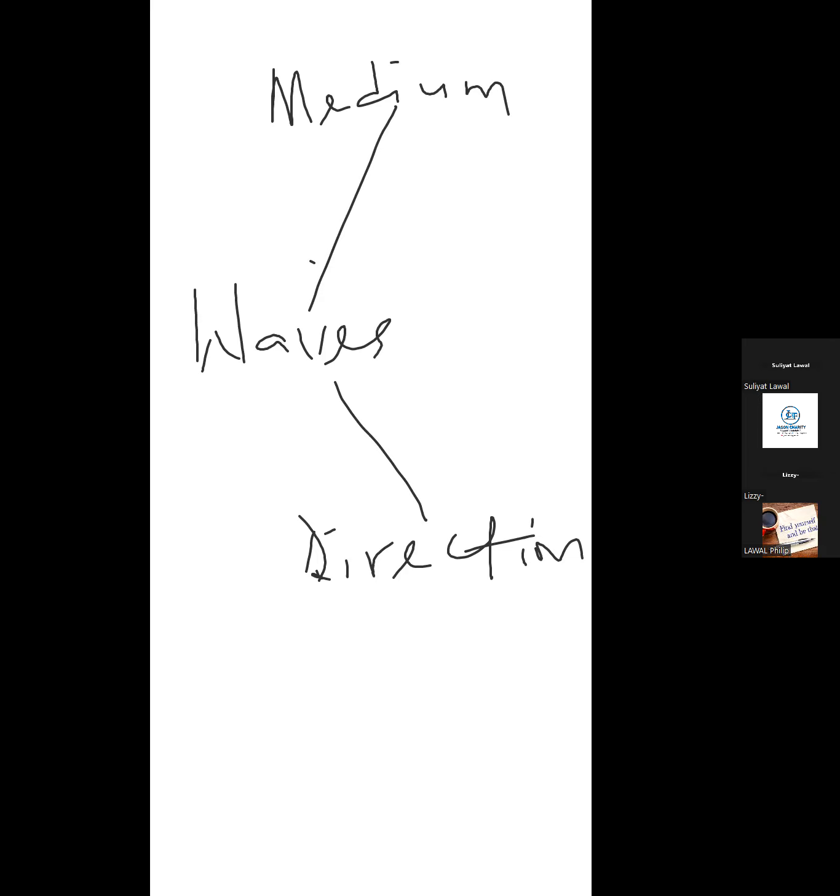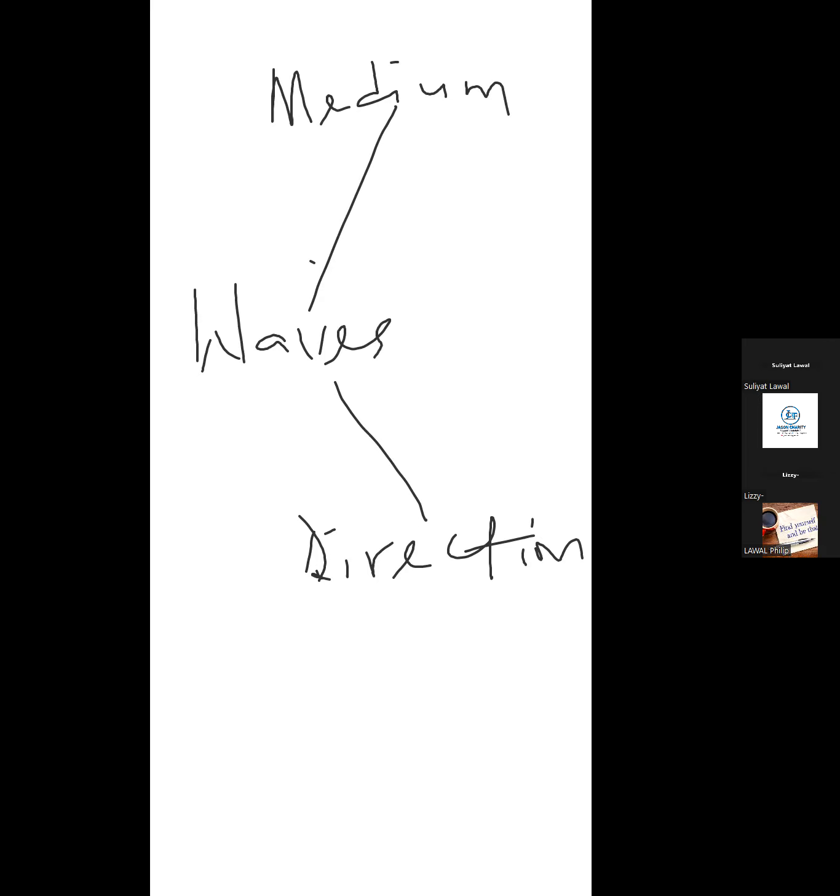Note that. Let's go to the other one, in terms of direction. There are some waves where, as the wave travels, the energy it transfers, or the medium in which the energy is transferred, also travels in a different direction. If the direction of travel of the wave is quite different from the direction of travel of the medium, what do we call it?